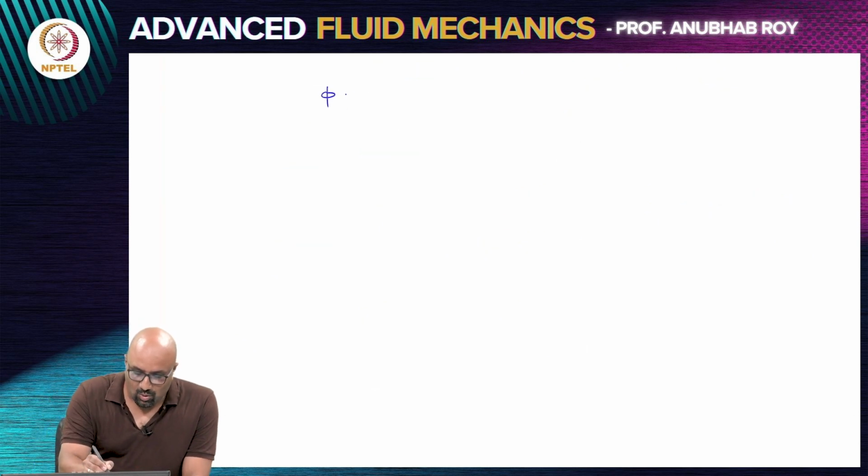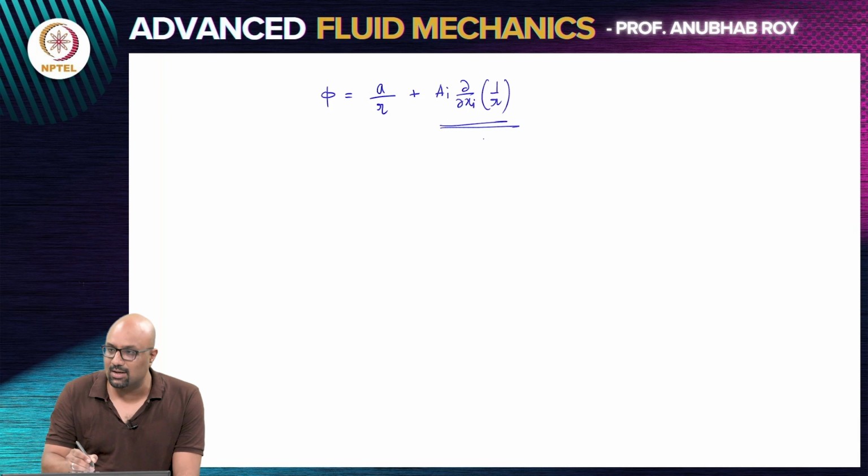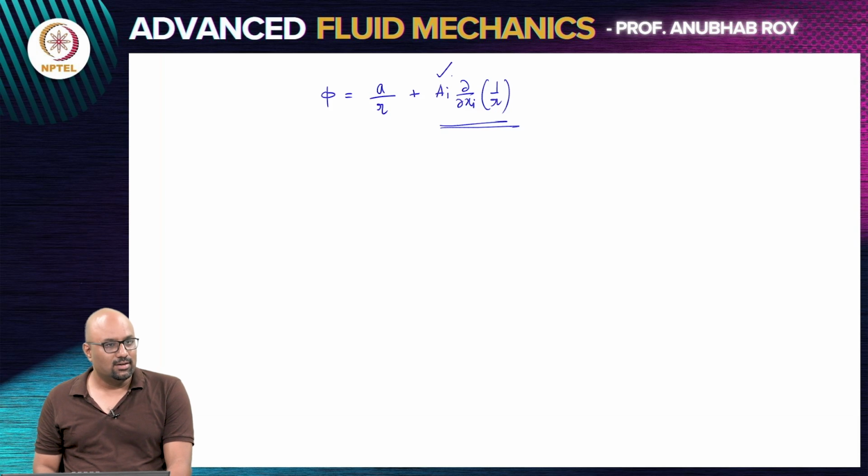So, here you will say there is a scalar constant multiplying 1 over r, there is a vector constant multiplying the vector solution, because this is still a scalar. ai is a constant, but it is a vector constant, it is not a scalar constant. So, ai dou xi of 1 over r.